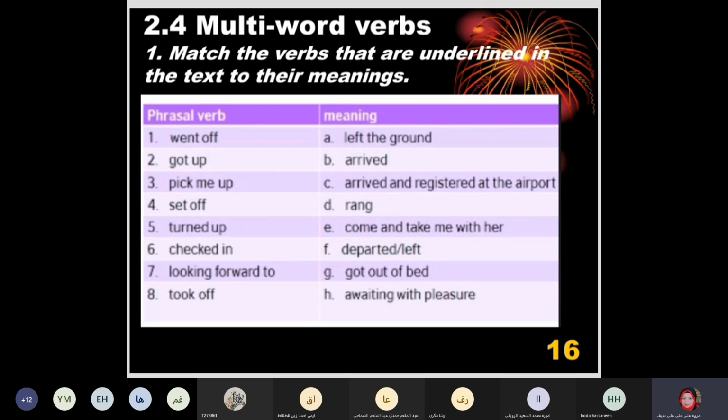It takes an object, though it is inseparable. This verb is inseparable. This is an example of the kind of verbs that I told you about a while ago. Looking forward to is inseparable. We cannot separate it.